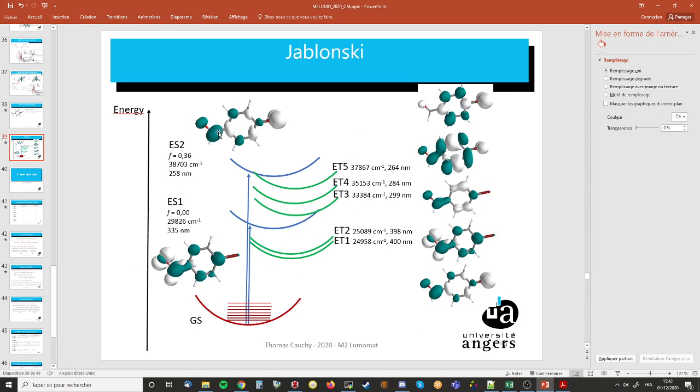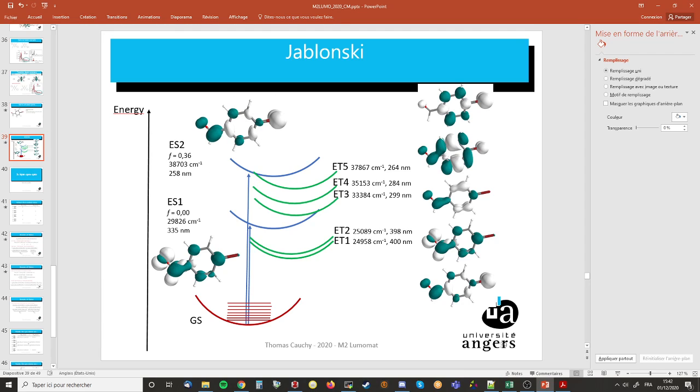And the mu CT is bigger like this. Okay, so we have here absorbing excited states that we understand well.